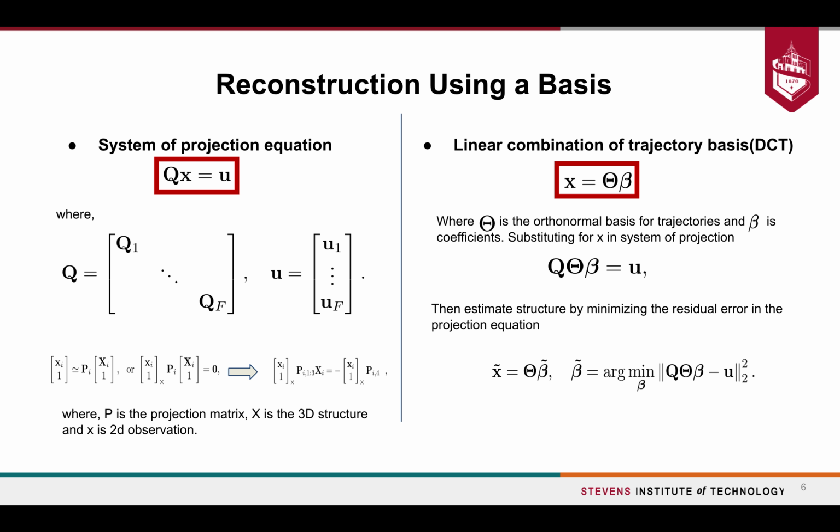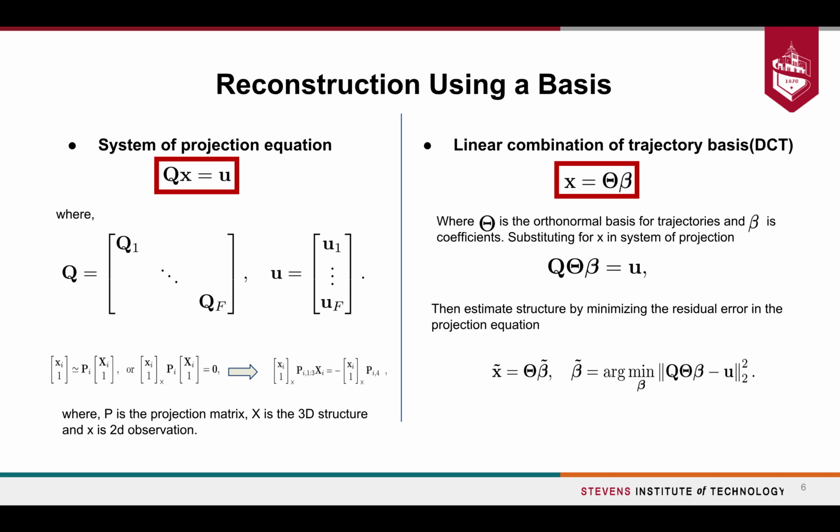Then they try to represent the structure X using a trajectory basis, where Z is the basis and gamma, beta are the coefficients of the linear combination of the basis to represent the structure.